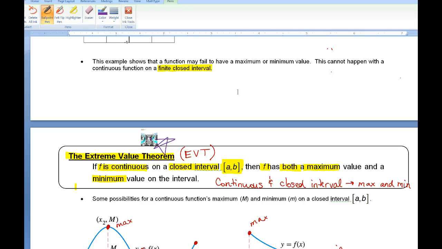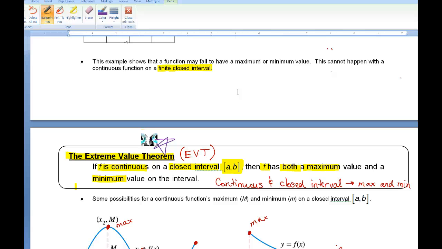Those are the examples we're doing right now. The maximum and the minimum could possibly be the same value, but one is a max and one is a min. That would be like a constant function.